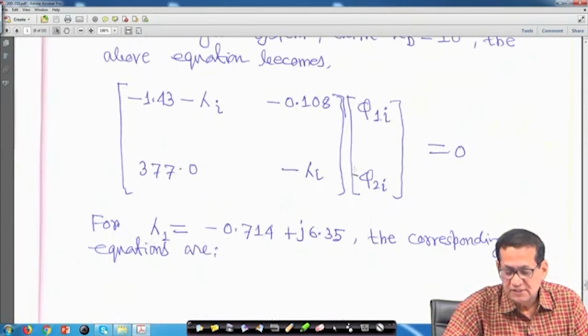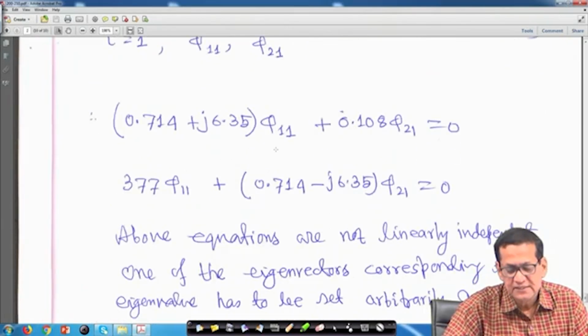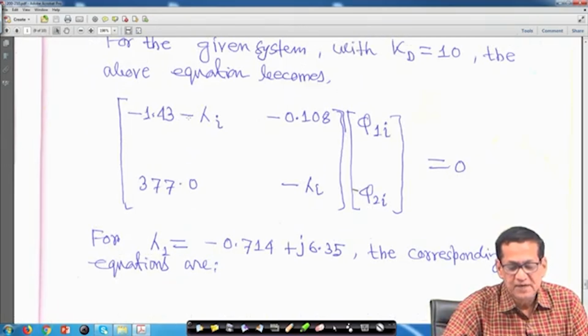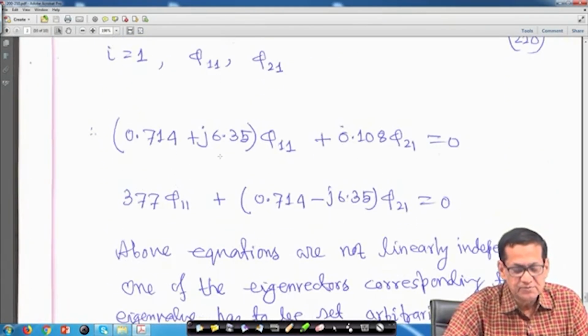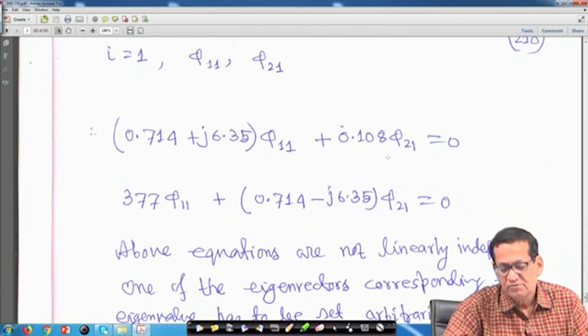If you simplify, this will be plus, because here it is minus, in both the cases it is minus here. So, ultimately it will become 0.714 plus j 6.35 phi 1 1 plus 0.108 phi 2 1 is equal to 0. This is one equation.